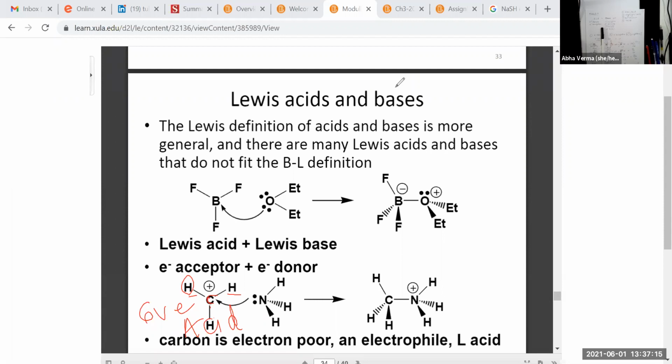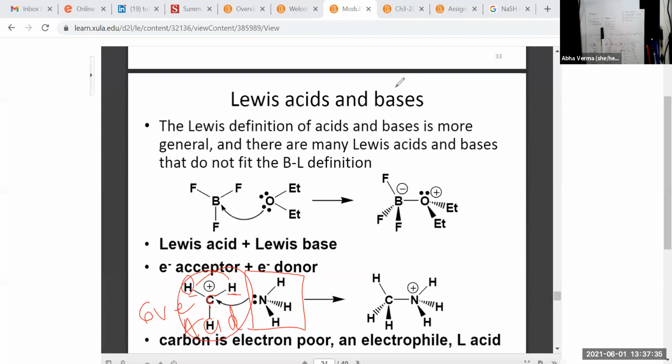So compared to hydrogens, this carbon is more electron poor. Whoever is more electron poor will be more acidic. So among these two, this is your Lewis acid, this is your Lewis base.